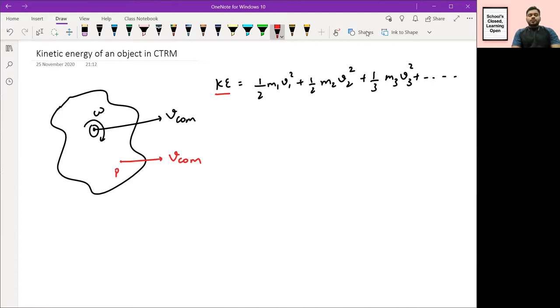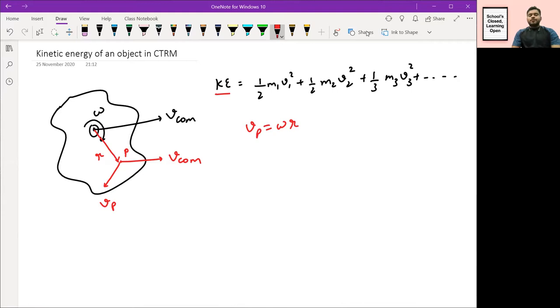So the particle is going to move with Vcm, and also if this is R, then this particle P is also going to move in a direction perpendicular to this R with omega R. Vp is omega into R, and that will be perpendicular to this R, correct?